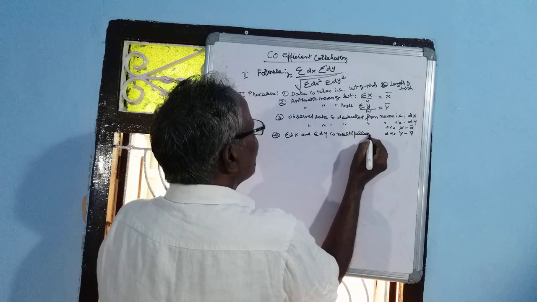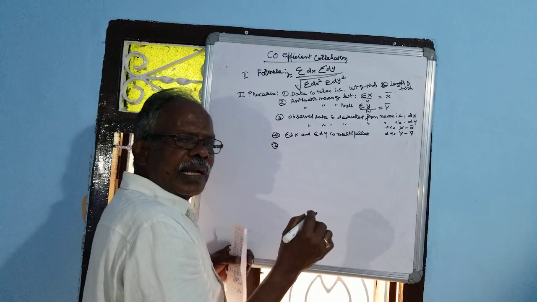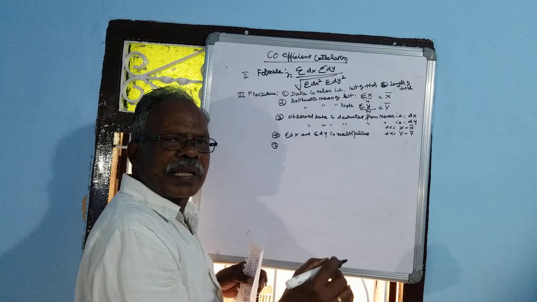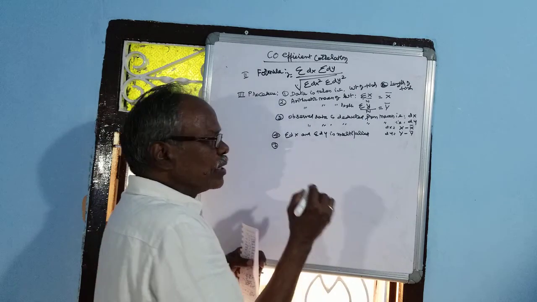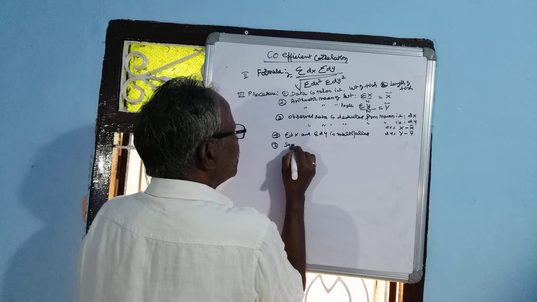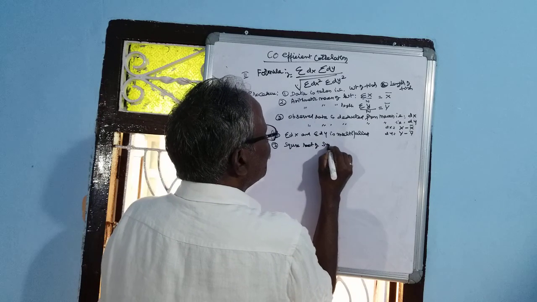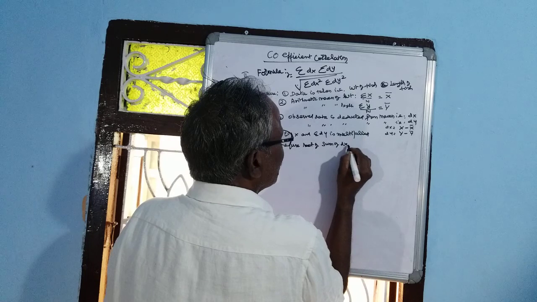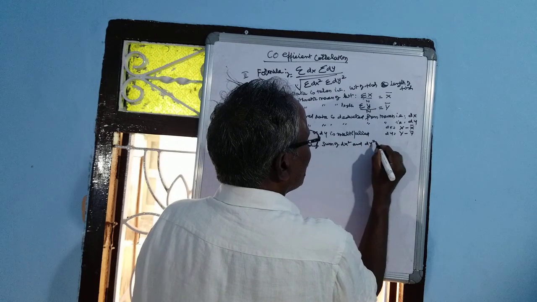Then fifth one, sum of dx square and sum of dy square are multiplied and then the square root is taken. Then sixth one, the sum of dx dy is divided by the square root of sum of dx square and dy square.